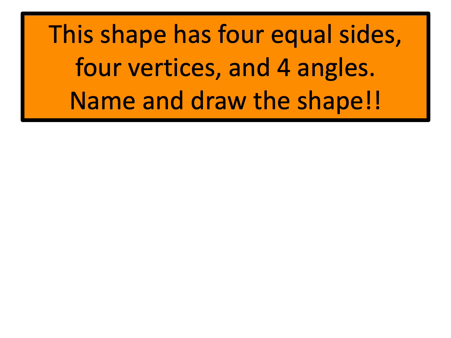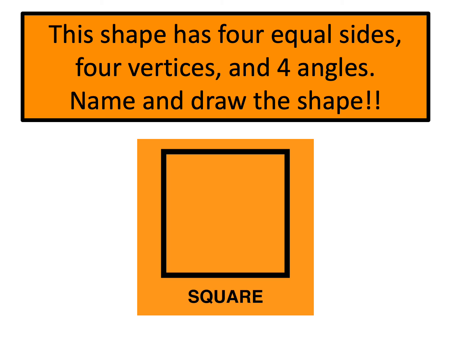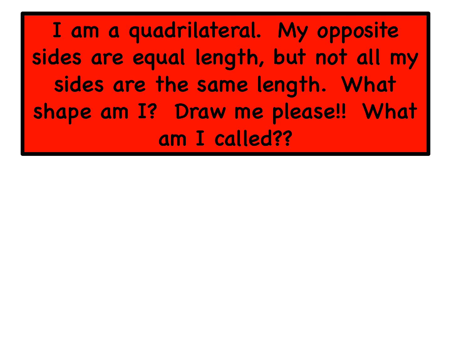This shape has 4 equal sides, 4 vertices, and 4 angles. Name and draw the shape. Go. Okay. What shape has 4 equal sides, 4 vertices, and 4 angles? A square. Very good. One more.